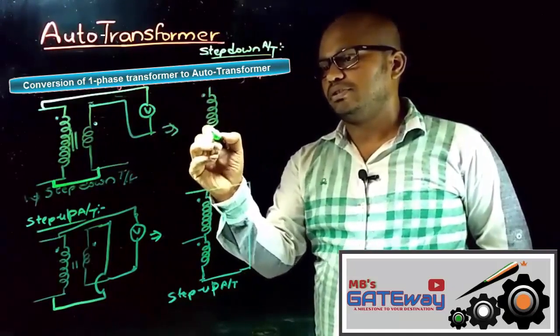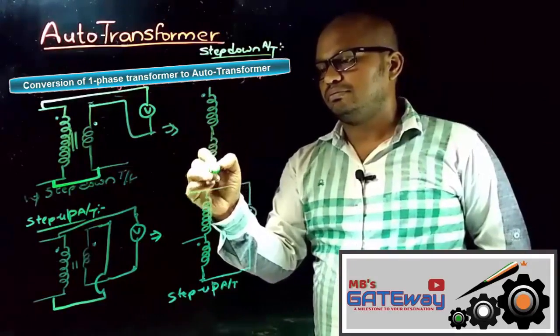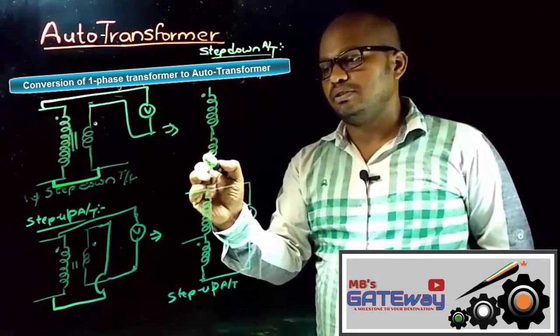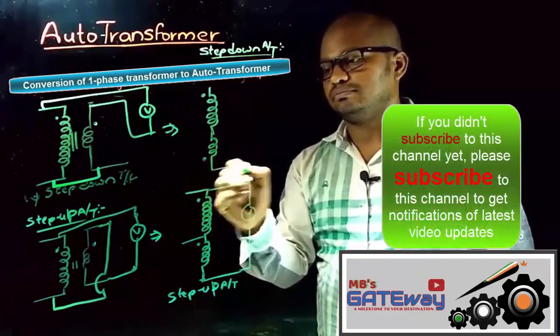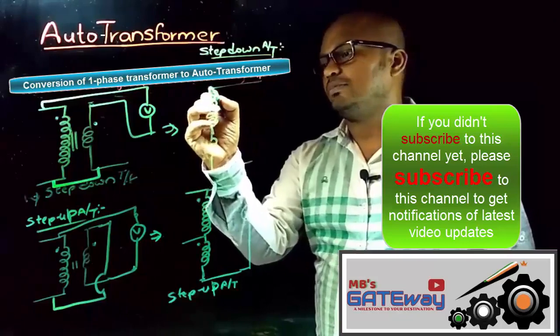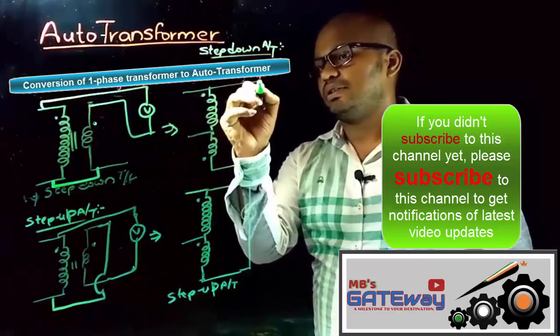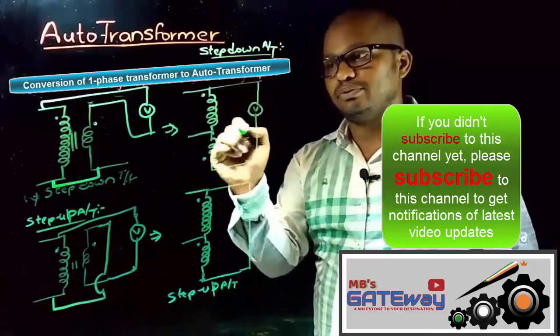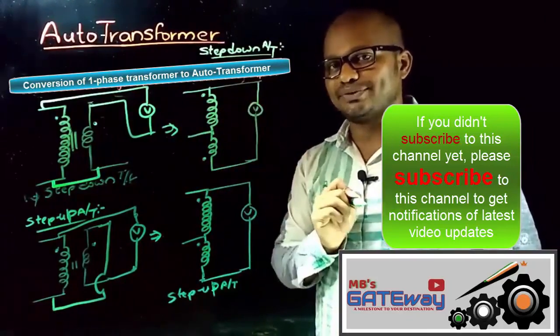This is dot end, and this is connected to the non-dot end. And input is applied across this and output is taken like this.